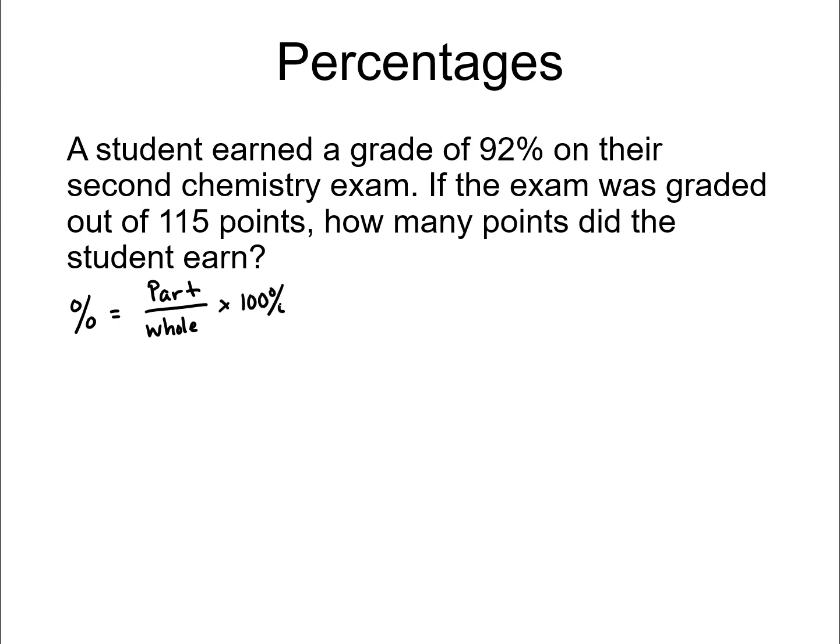And go ahead and solve this and put your answer in the chat if you feel so inclined. We can fill in all of this except for the part. The part, that's the points.